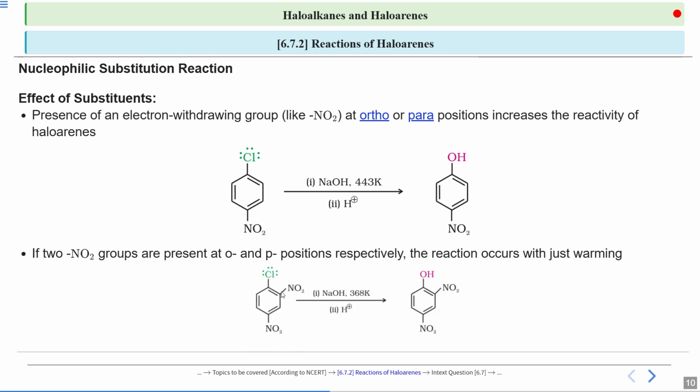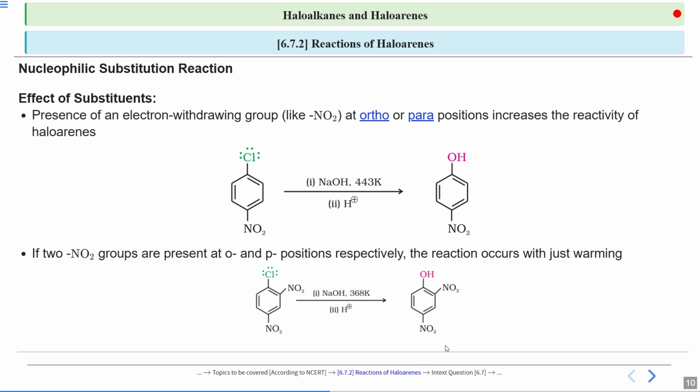You can see we have this benzene ring where two NO2 groups are present, one at the ortho carbon, another at the para carbon, and chlorine at the first carbon. You are doing this reaction with NaOH, sodium hydroxide, and then proton, and you need the temperature 368 Kelvin, which is even lesser.